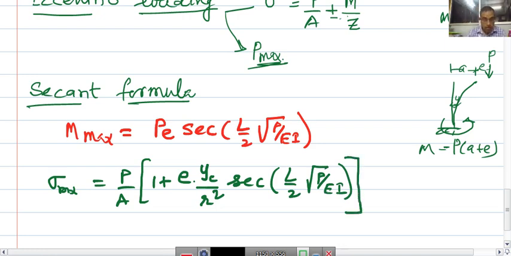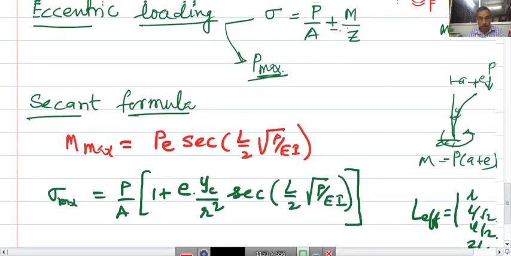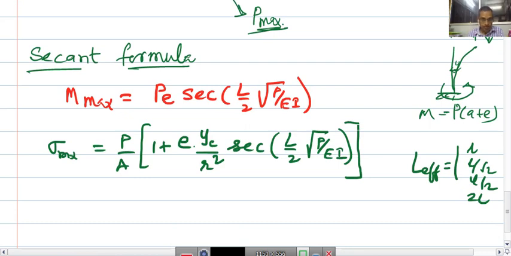Remember the terms here: L is the effective length, which is based upon the end condition, L, or L by root 2, or L by 2, or 2L, according to the end conditions. Remember that we cannot change it. And I is the least moment of inertia, or the moment of inertia in whichever direction the eccentric load is acting.